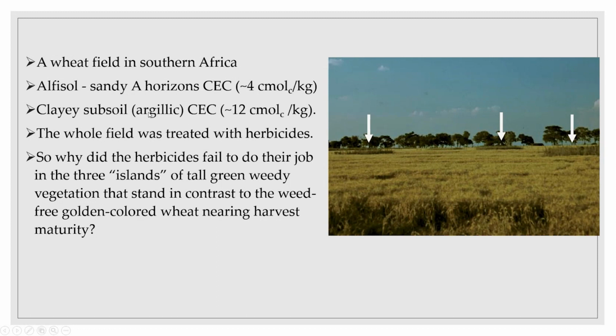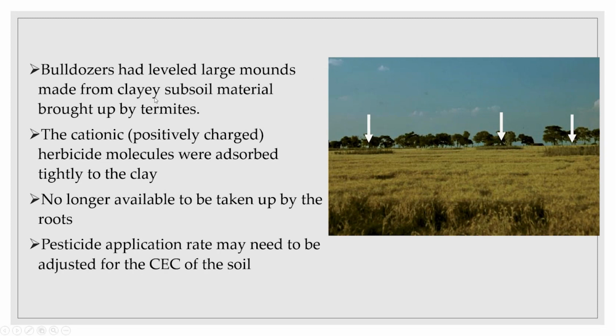Well, it turns out that when they developed this land, when they bulldozed, they brought up some of that clayey subsoil, which had more cation exchange capacity. And so that clay is going to have a greater CEC, and the herbicide was actually adsorbed to that clay molecule.